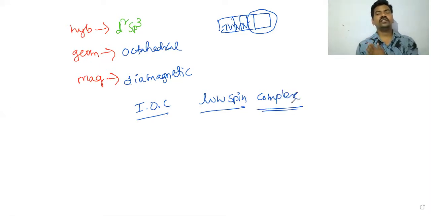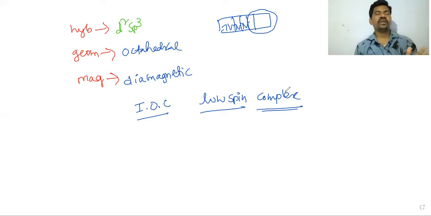So like this, you can find the geometry, hybridization, and magnetic nature of any coordination complex depending upon the nature of the ligand. You have to keep in mind whether it is a strong field or weak field ligand. If the electrons get paired in the presence of a strong field ligand, then the hybridization will be d2sp3, an inner orbital complex, diamagnetic, and low spin.